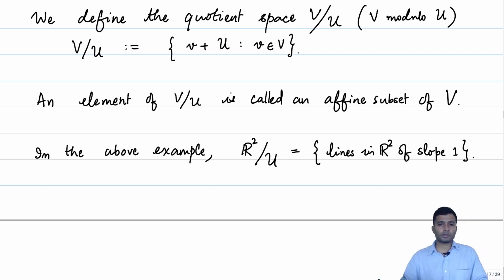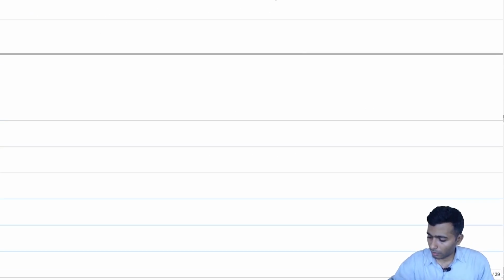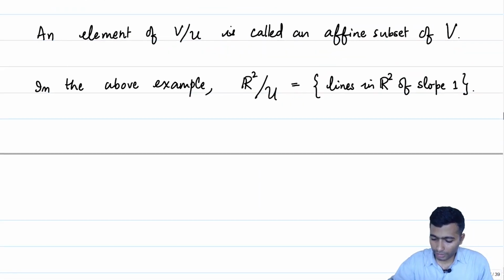If you carefully think about it, in the Cartesian coordinates, it will capture all those lines which have slope 1. Okay, so we have described what the quotient space is. As of now, remember that this is just a set. There is no vector space structure which we have defined on R2 mod U, or rather V mod U in general. That will be our next goal.